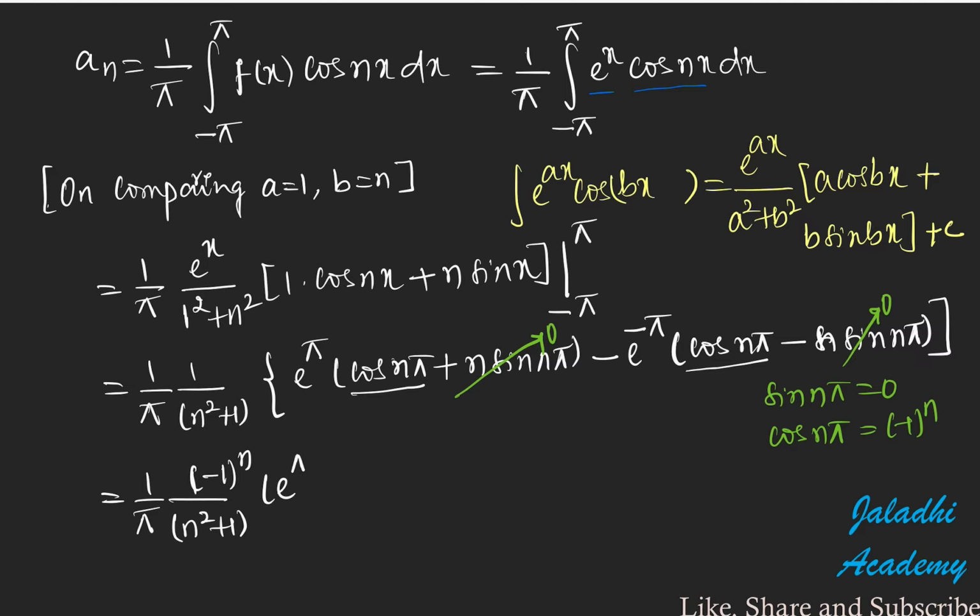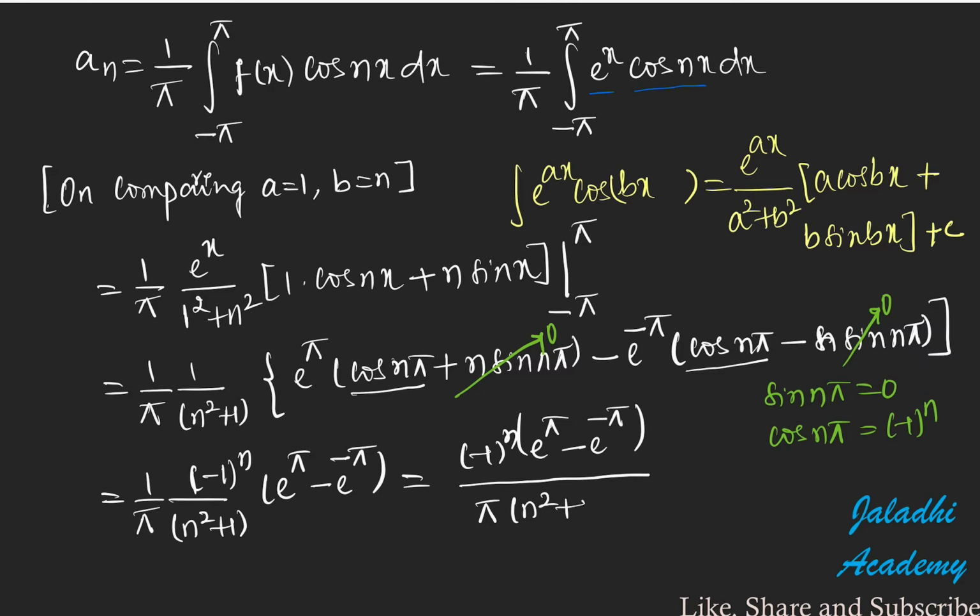We'll get e^pi minus e^(-pi). So therefore the value of a_n is (-1)^n (e^pi - e^(-pi)) divided by pi into (n^2 + 1). This is the value of a_n.